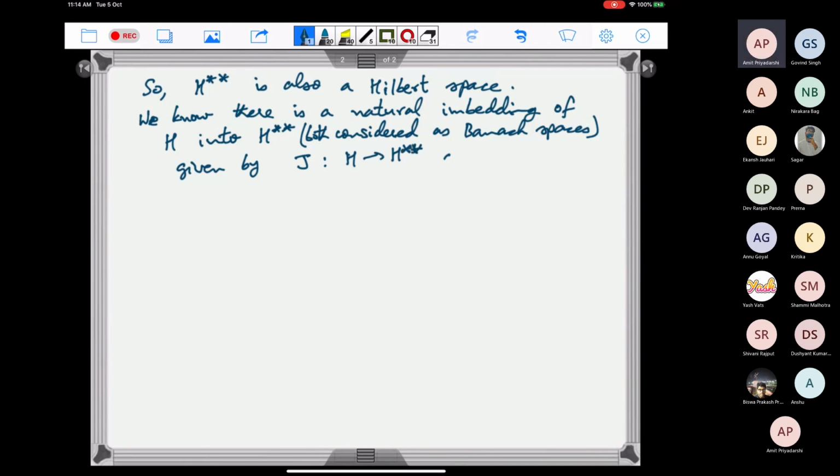How is this defined? If we have any element x in H, then Jx should be in H double star. So Jx of f is equal to f of x for x belonging to H and f belonging to H star.